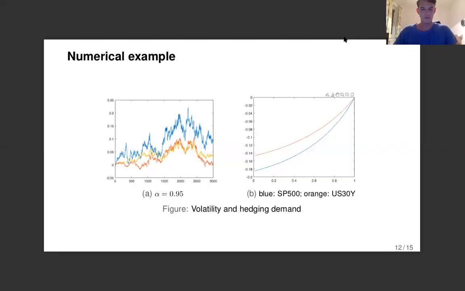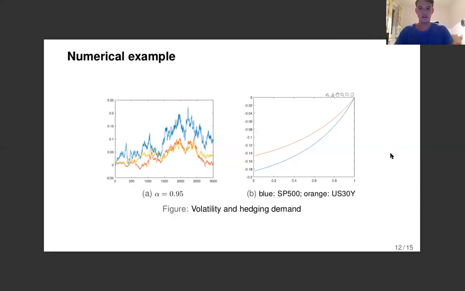Finally, let's have a look at the volatility and hedging demand for different roughness levels alpha. First, we start with alpha equals 0.95, which is very close to 1, the classical model. So you see that the paths of the volatility matrix are not very rough.